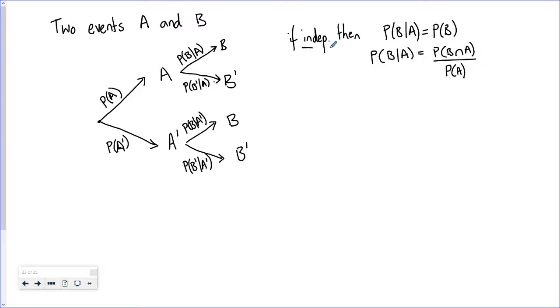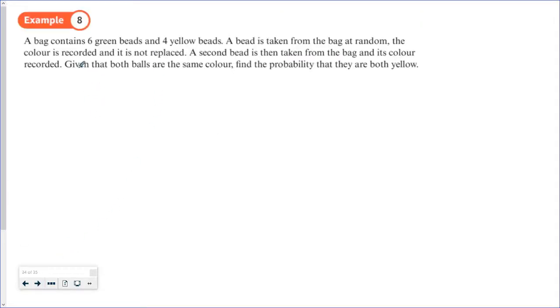Now, because these events are independent, because of our definition of independence, you can just times together the two separate probabilities in the numerator and then divide by the probability of A. So you can see that the probabilities of A are going to cancel and you just get the probability of B. So that's only true if this is independent. So in general, we're going to have to work with these different probabilities that will change depending on which branch we've gone down. So let's look at a specific example.